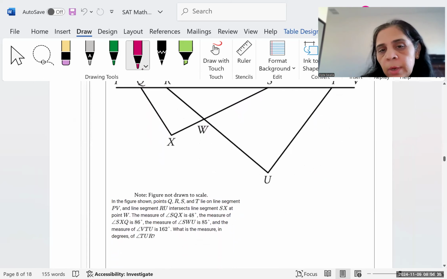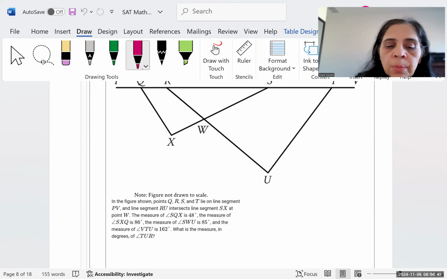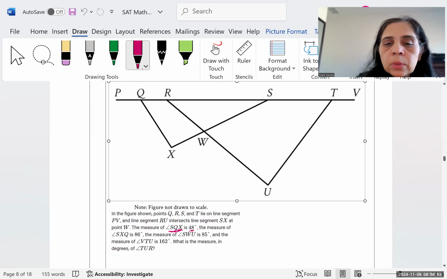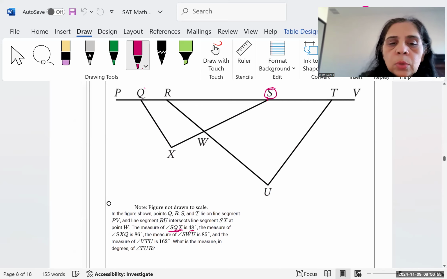Here we have a line segment, and we can see 3 triangles on top. Some angles are given here. It says RU intersects. The measure of SQX is 48. So where is SQX? Here, the middle letter, which is 48.